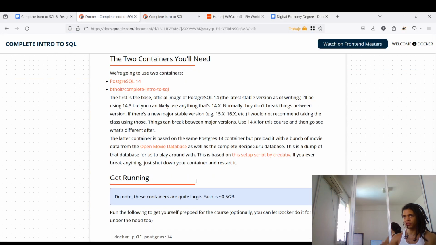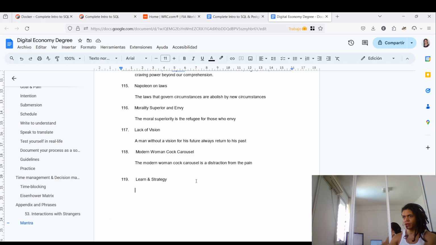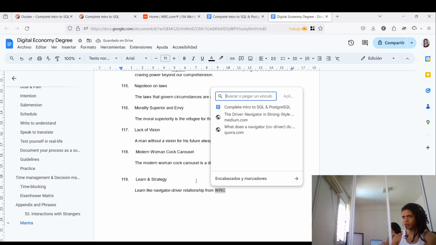So you will learn pretty much like them. Learn like the navigator-driver relationship from the WRC, which is the rally cup and all this.